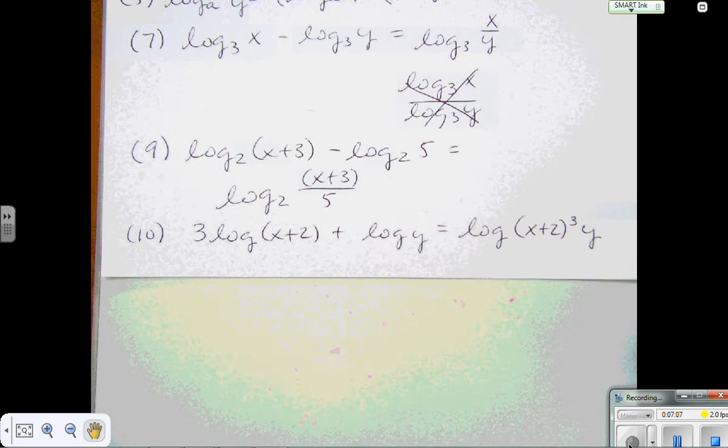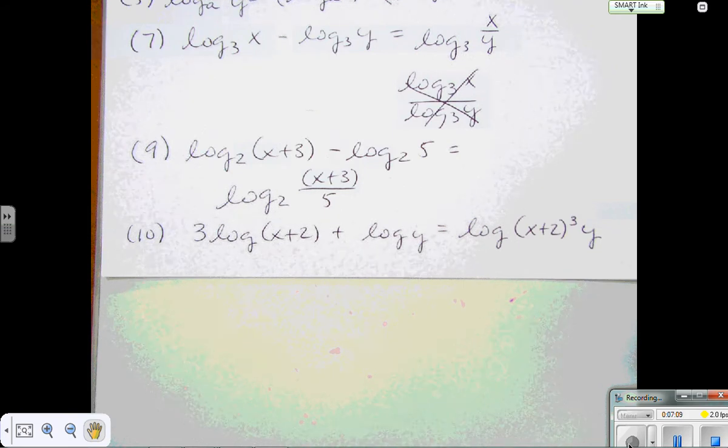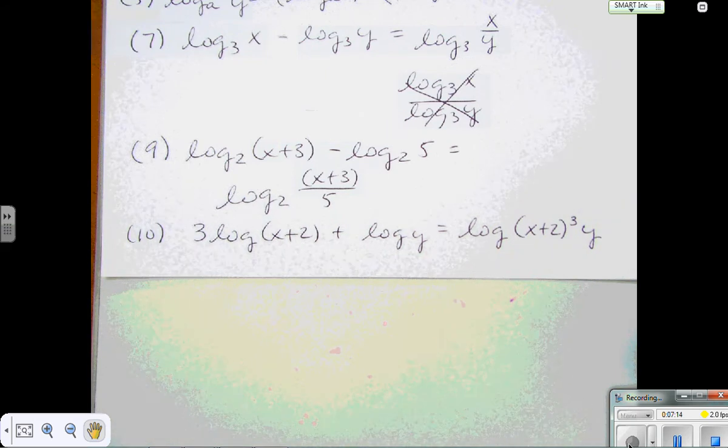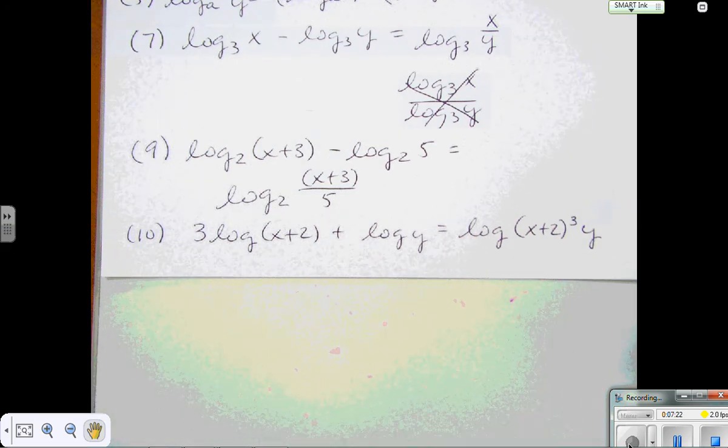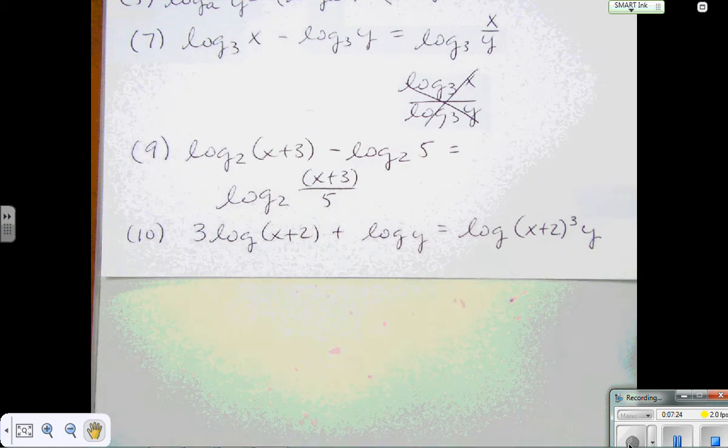So I'm getting log, and since the base is not written, it's understood to be 10. So log base 10 of x plus 2 cubed times y. Any questions?